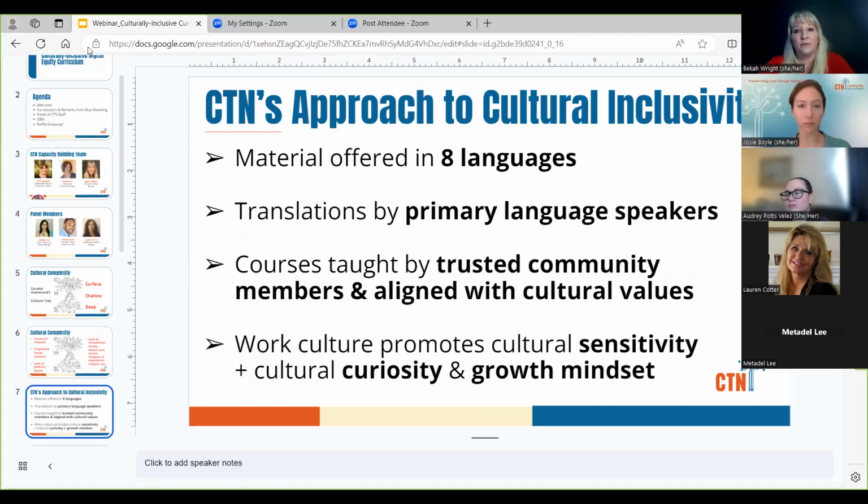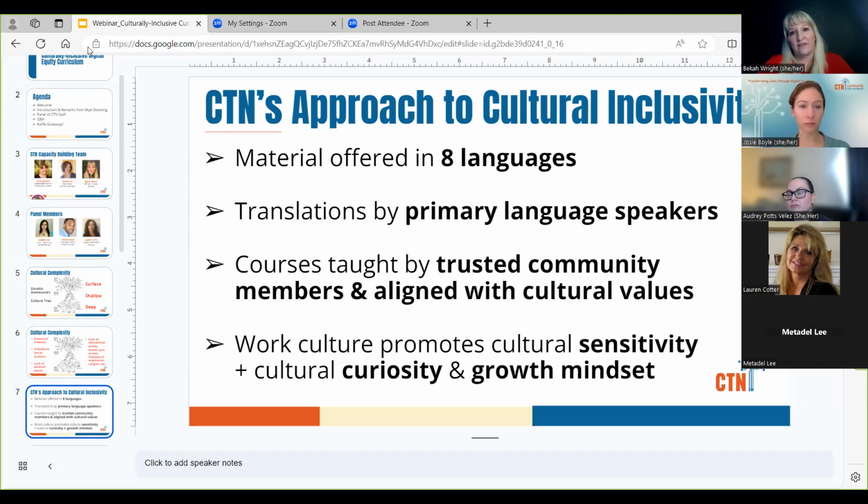At CTN, broadly speaking, pretty much at that surface level, we offer our materials in 8 languages. It's actually 8+, but we can readily offer our materials in 8 languages. Our translation services are provided by people who belong to that specific culture or have primary involvement with it and primarily speak that language.